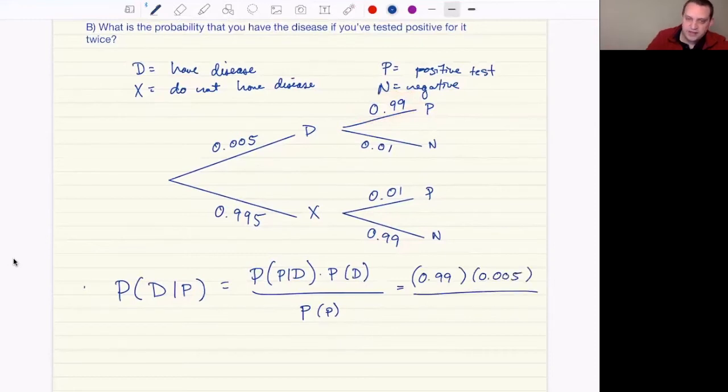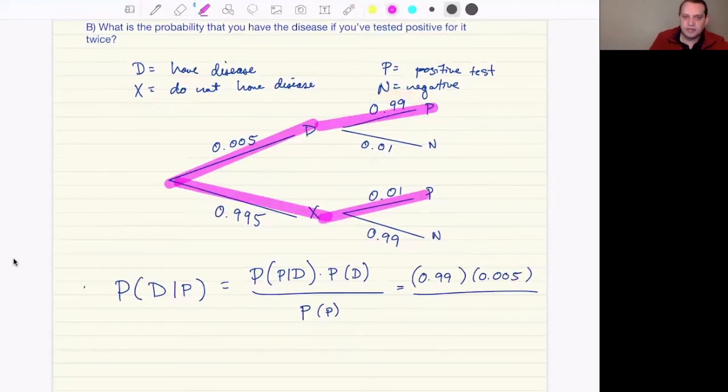And then we're going to divide that by the probability that we test positive. So remember, there's 2 routes to get to a positive test. We can either have the disease and then test positive, or we don't have the disease and then test positive. And so we have to multiply all the numbers along each path to P and then add them up.